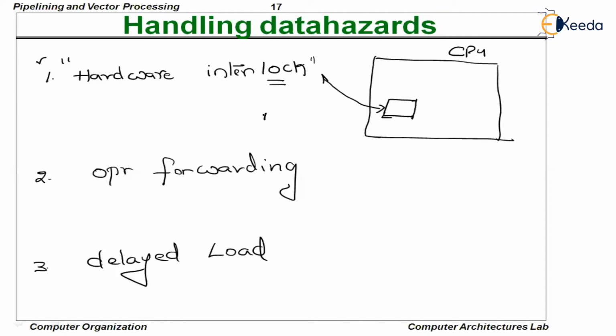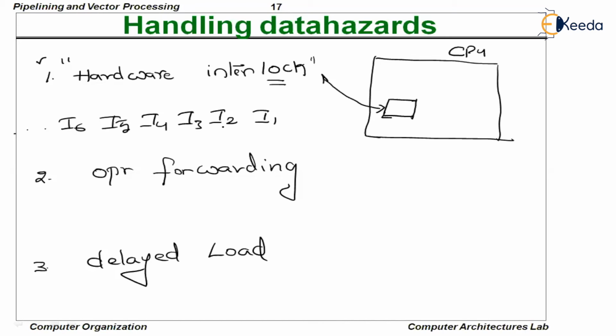There are several instructions incoming into the CPU: I1, I2, I3, I4, I5, I6, and so on. This hardware interlock is going to watch these instructions, and it is going to identify the dependencies between every two consecutive instructions. Initially it is going to check for a dependency between I1 and I2.